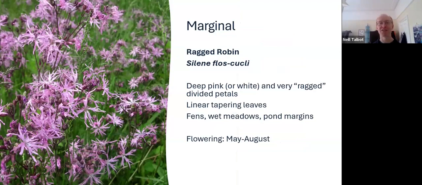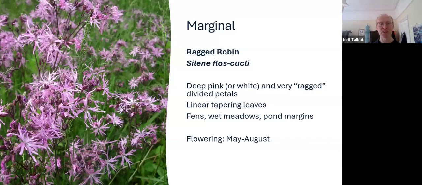It's Silene flos-cuculi, and it's from the campion family, so it's closely related to red campion, lesser and greater stitchwort, mouse-ears and things like that. And they've got these beautiful ragged pink petals. Occasionally they're white. I've seen white variants of it, and they are very distinctive.